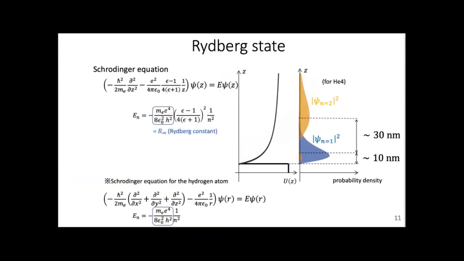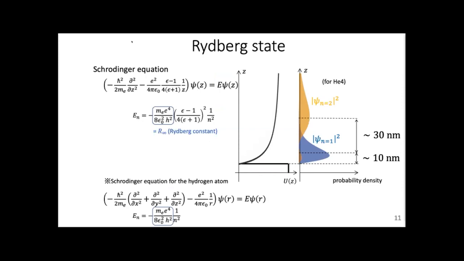So we just need to solve the Schrödinger equation. And if you solve the Schrödinger equation, you can find this kind of discrete energies. And this part is the Rydberg constant. For the hydrogen atom, this is the Schrödinger equation, and here you can find the Rydberg constant, so it's the same Rydberg constant.